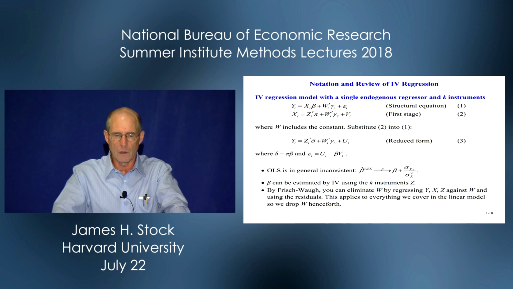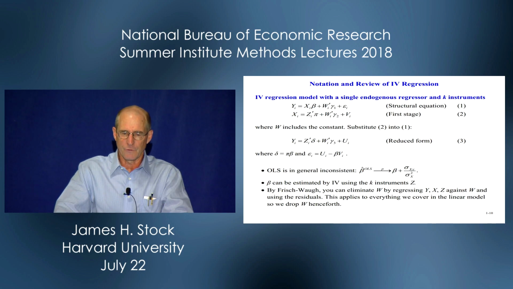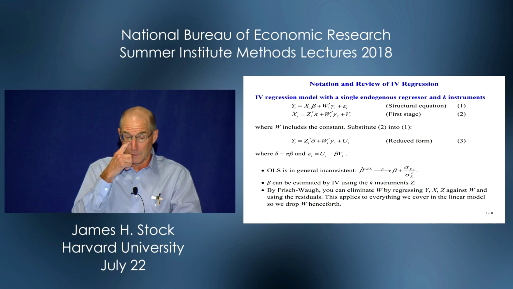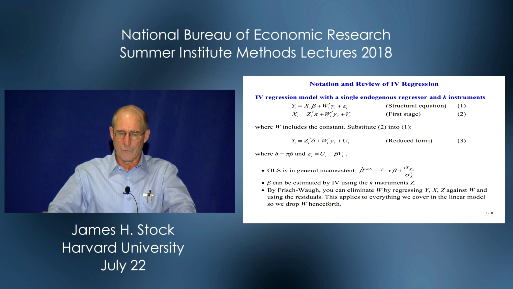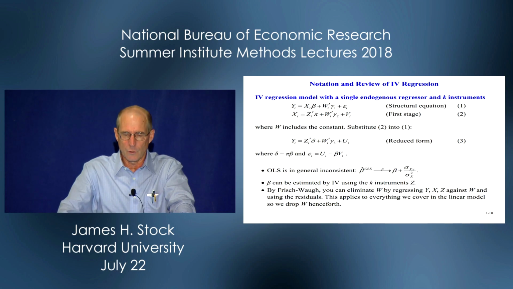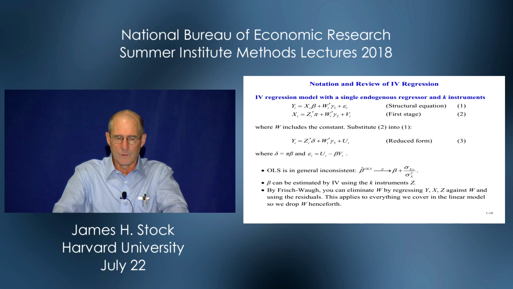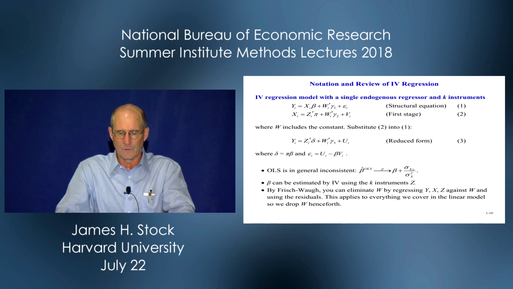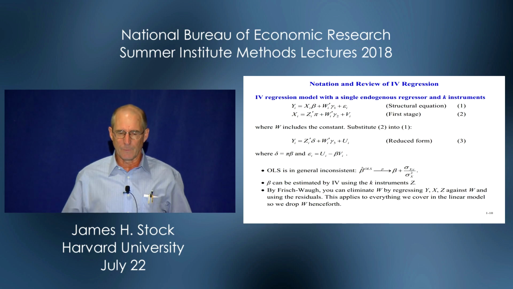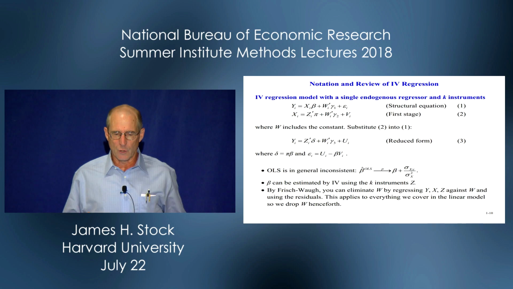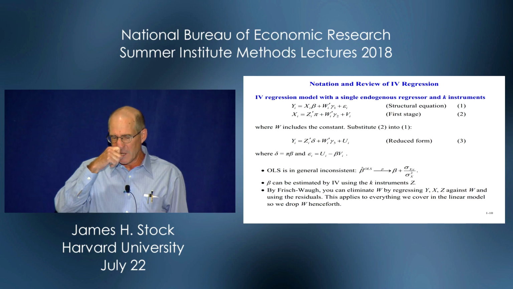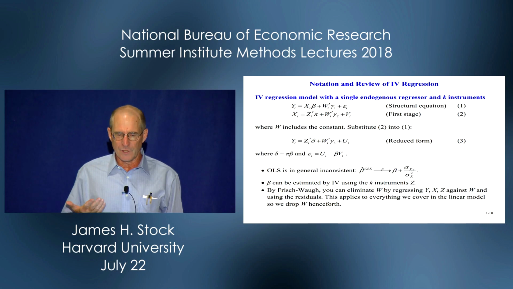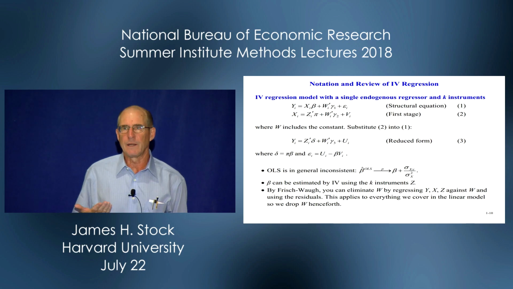There's the reduced form. The reduced form is obtained by substituting the first stage into the structural equation and then solving out, and then you get a coefficient on the Z's. The pair of equations for Y and X is a pair of reduced form equations, both expressed in terms of the Z's. By doing that substitution, you find that the reduced form coefficient on Z in the Y equation is pi times beta.